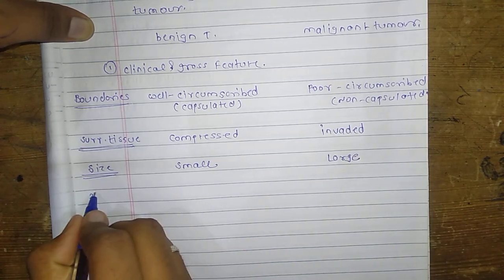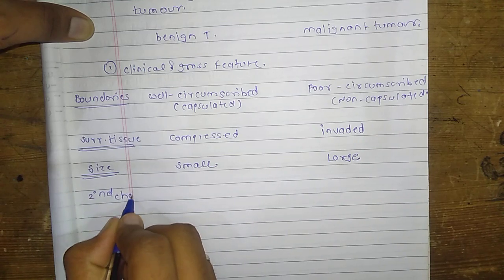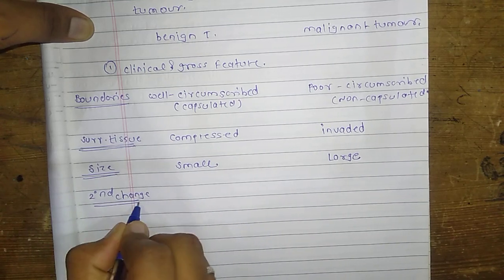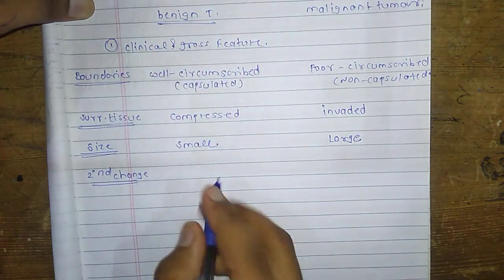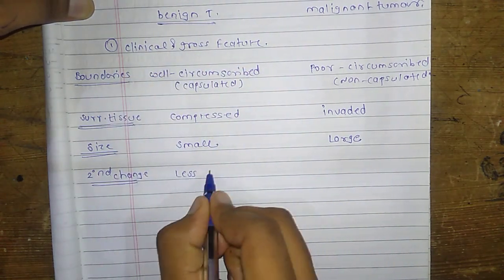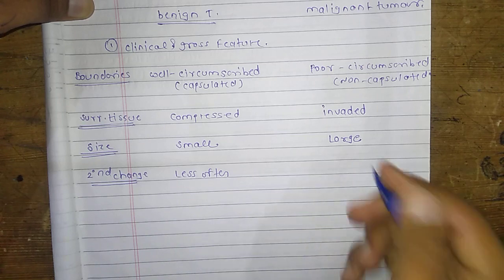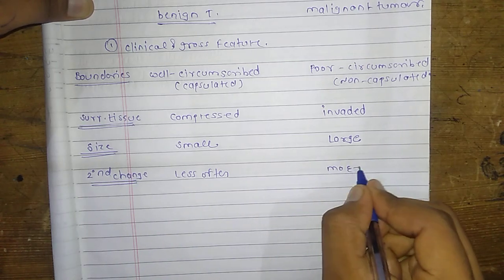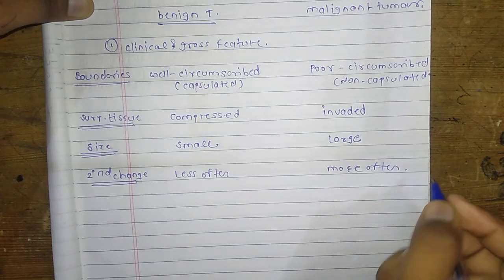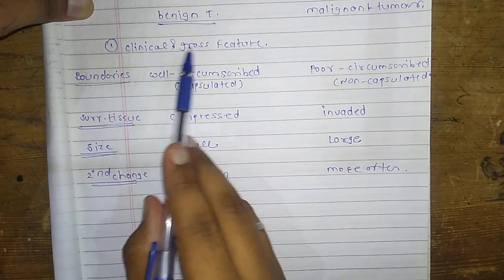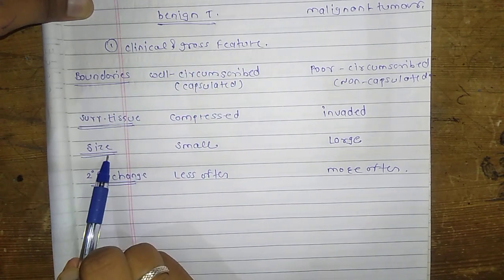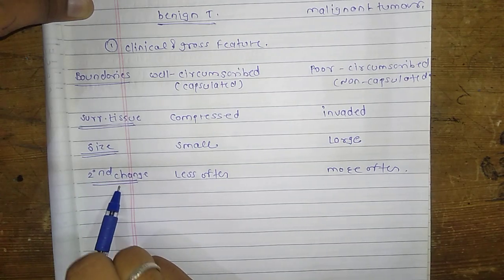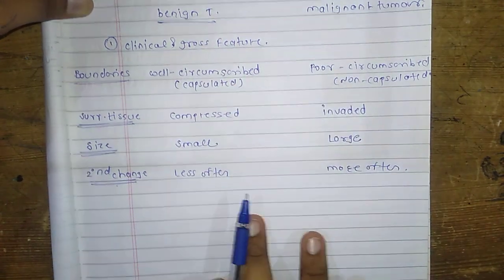Then the secondary change in the benign tumor is less often, and in malignant more often. So in clinical and gross features we see boundaries, surrounding tissues, size, and secondary changes of benign and malignant tumor.